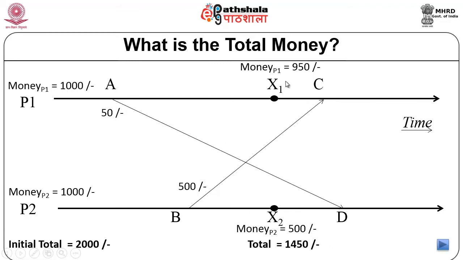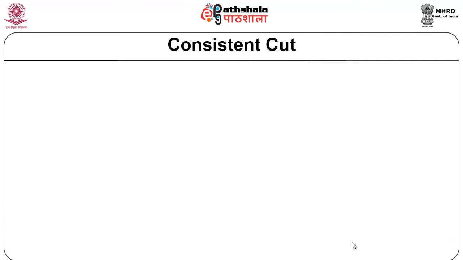If we take a snapshot at this point in time, then our overall is 1450, and that is not the total amount of money. So, we need to get what is known as a consistent cut.